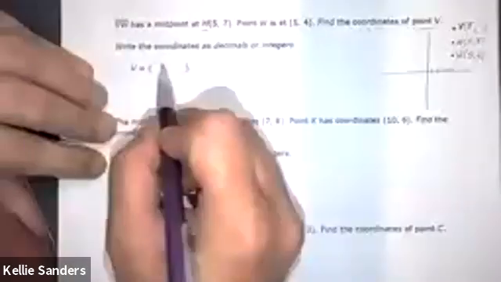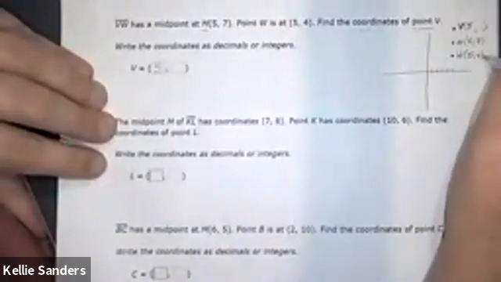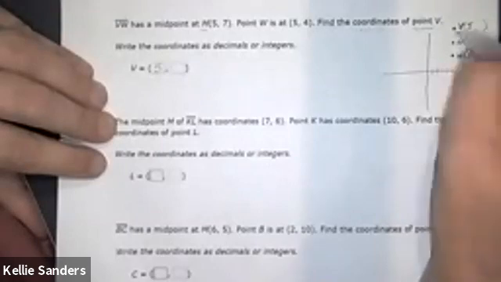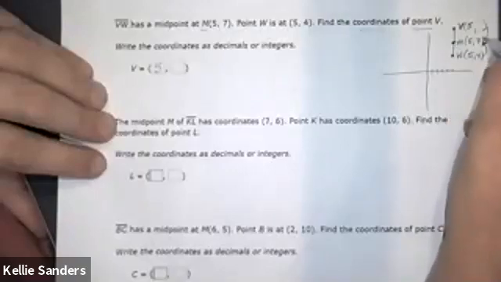Okay, so we are halfway there. Now we just have to find the y. Well, if we went from 4 to 7, that is 3. So if M is the midpoint, then this right here would be 3 also.